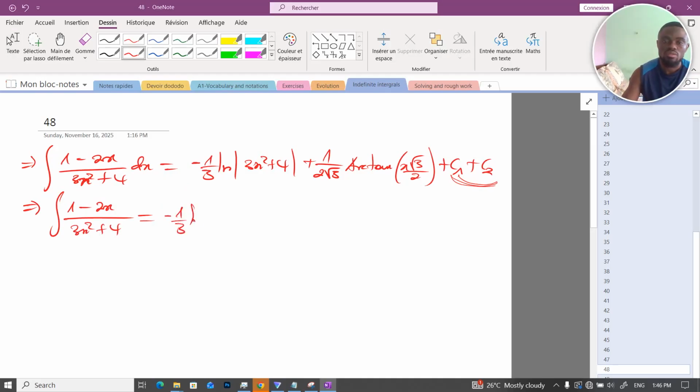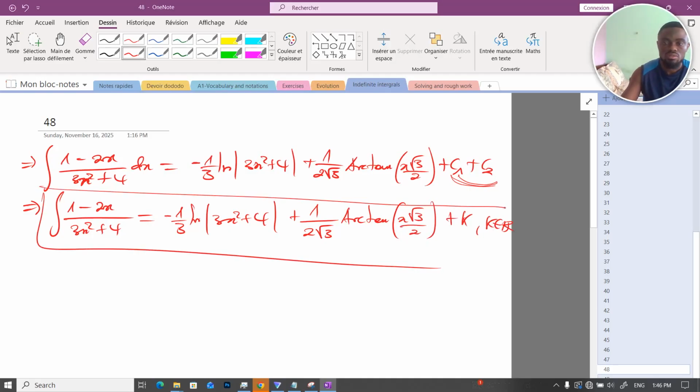Minus 1/3 ln of the absolute value of 3x squared plus 4, plus 1 on 2 root 3 arctan of x root 3 on 2, plus a constant k of integration where k belongs to R. So that's our integral. So you basically see that, as I was saying, such integrals will always have part of the answer which is in terms of what? Inverse trigonometric functions. I hope that's okay.